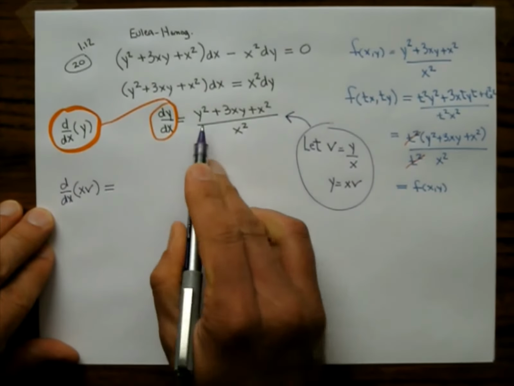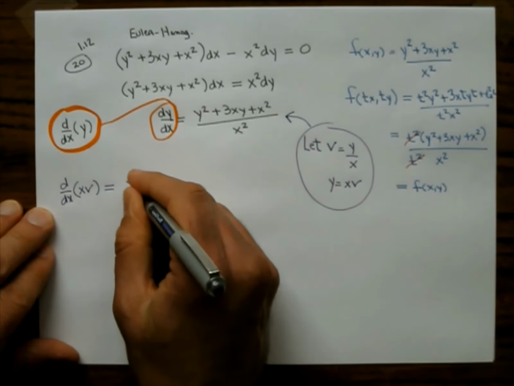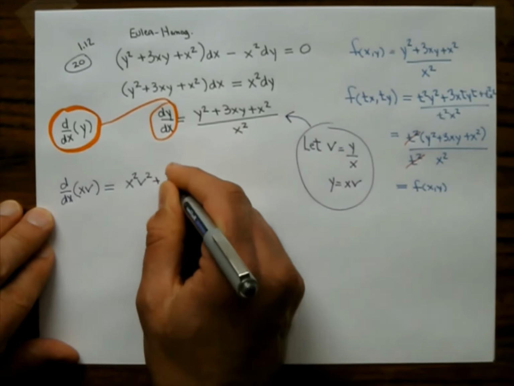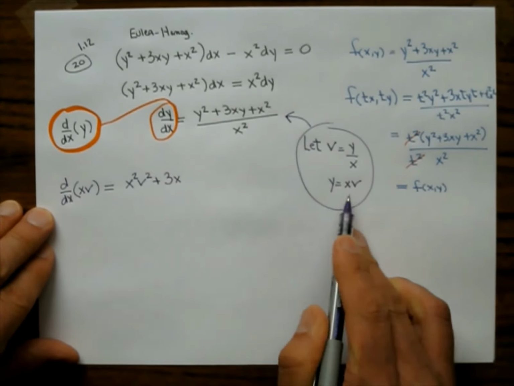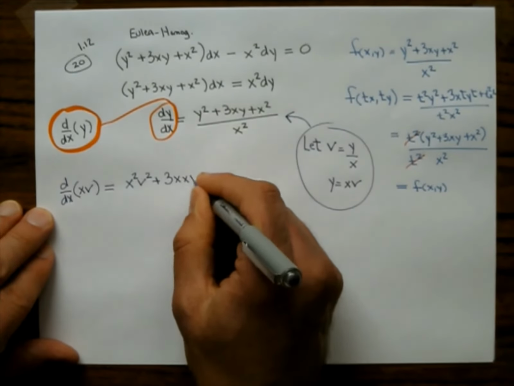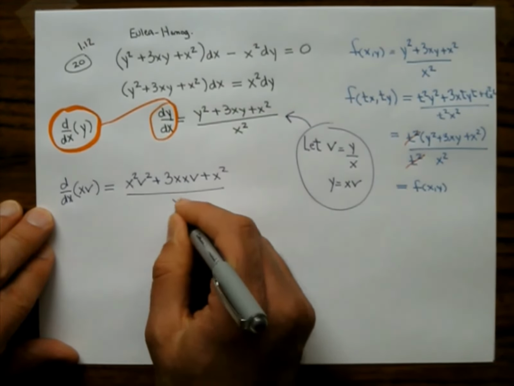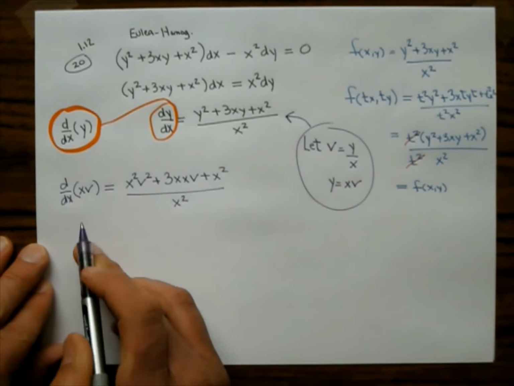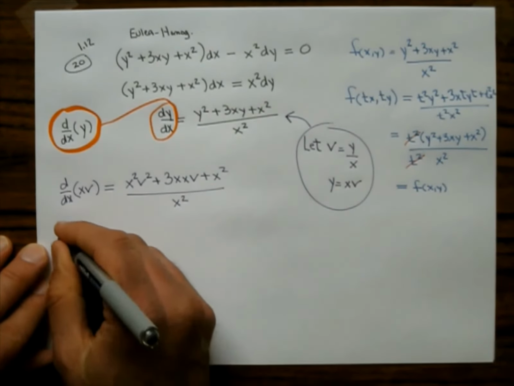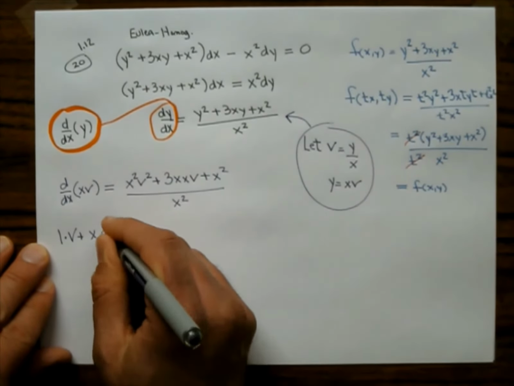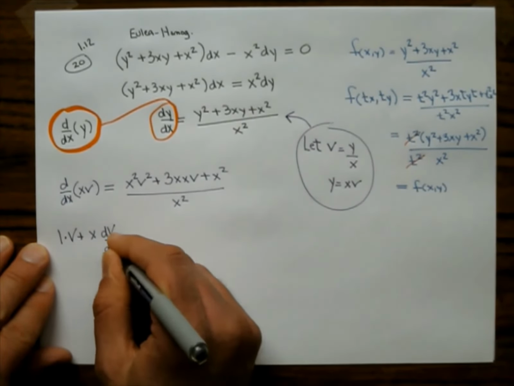This equals y squared, which is x squared v squared plus 3x. So everywhere there's a y, I'm replacing it with an xv. And then the x squareds I'm leaving alone. Okay, so right here is the product rule. The derivative of the first times the second plus the first times the derivative of the second with respect to x is that right there.